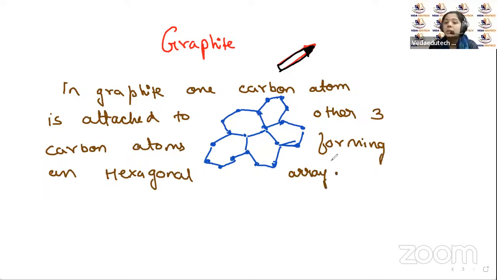So they all together form a hexagonal structure. So these are the two, diamond and graphite.